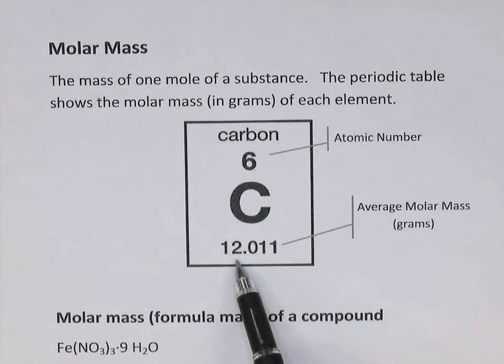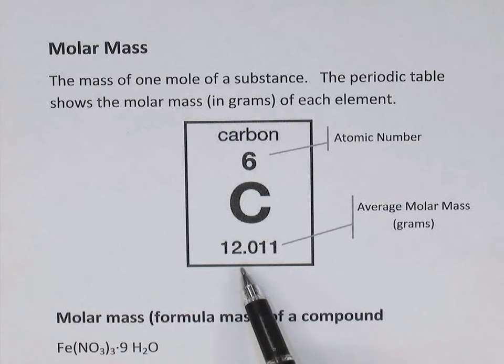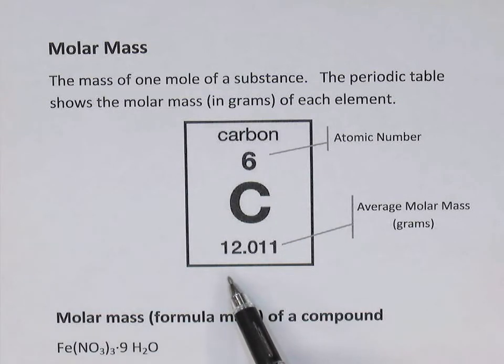The number underneath the symbol, 12.011, earlier we said was an atomic mass, the average atomic mass of the different isotopes of carbon, measured in atomic mass units. So we'd say an atom of carbon, on average, is 12.01 AMUs.